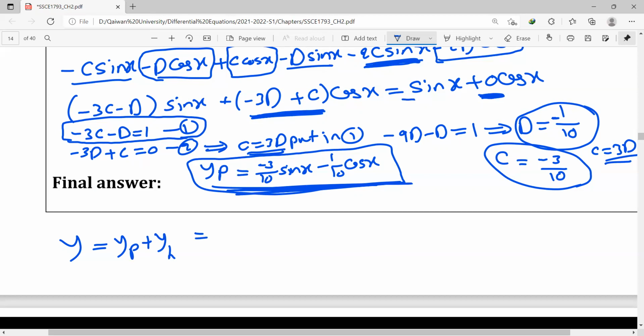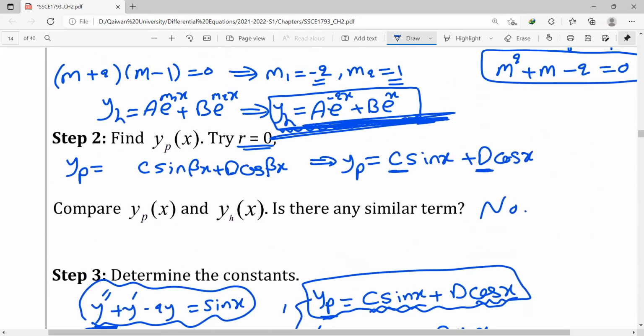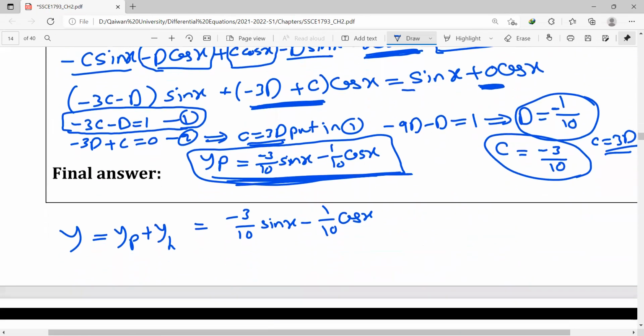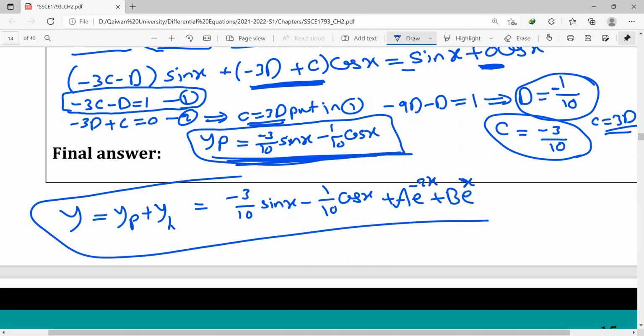It equals minus 3 over 10 sine x minus 1 over 10 cosine x, then plus the homogeneous solution. So what was the homogeneous solution? The homogeneous solution is A e to the power minus 2x plus B e to the power x. This is the final answer. This is the general solution.